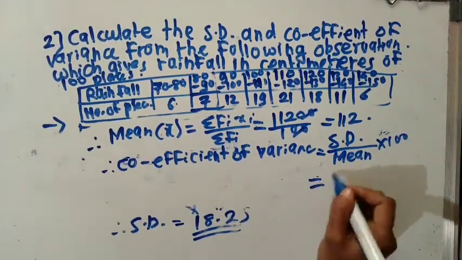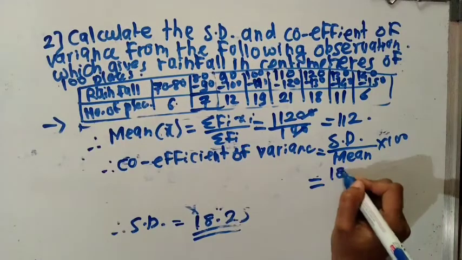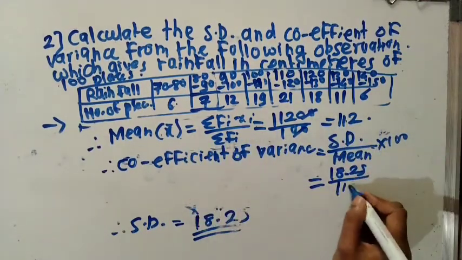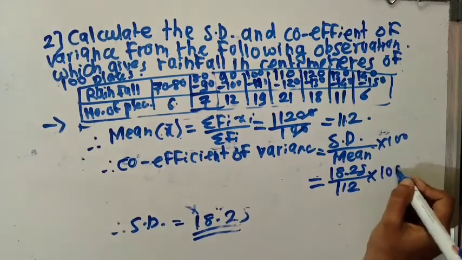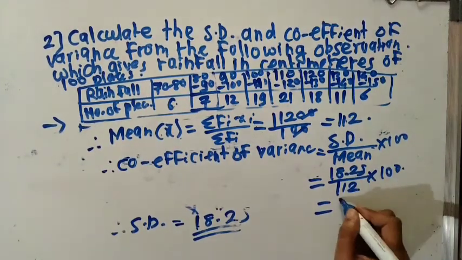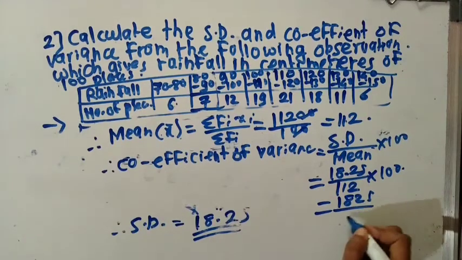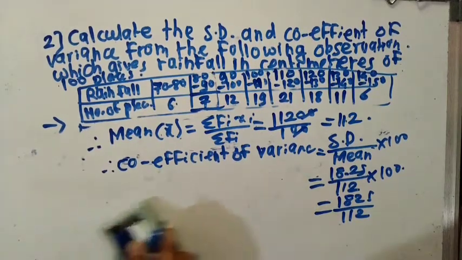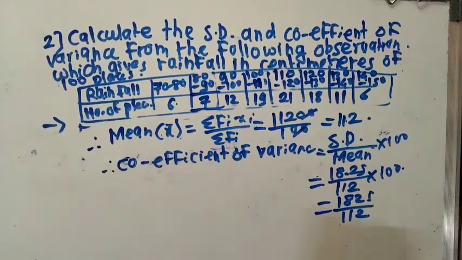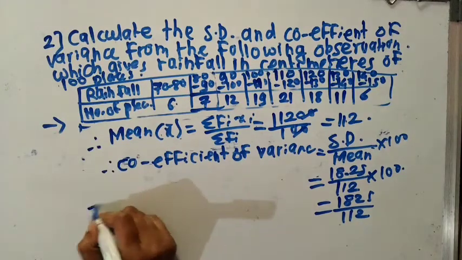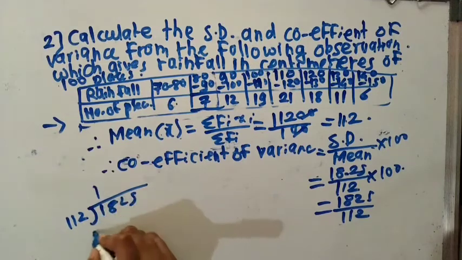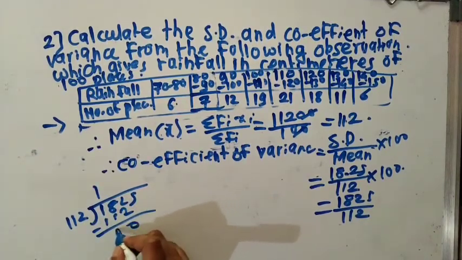Standard deviation is 18.25, mean x bar is 112, into 100, so 1825 divided by 112.